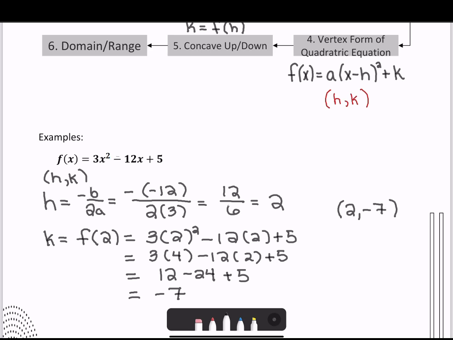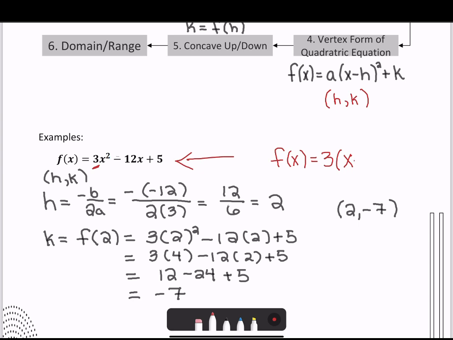Boom. That's your vertex. So if I wanted to change this standard form to vertex form, it would be f of x. Your a value stays the same. That'll be 3. And now I have x minus h. I said that all wrong. It'll be x minus h.